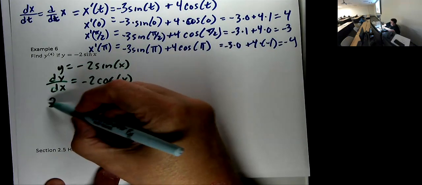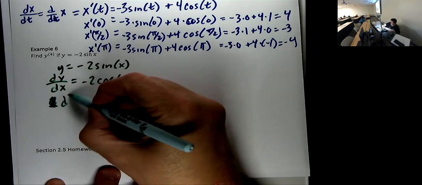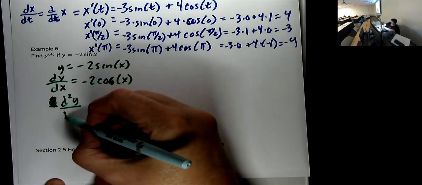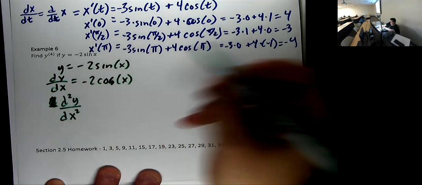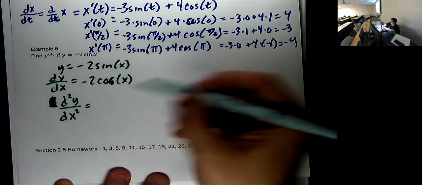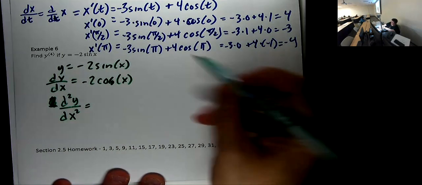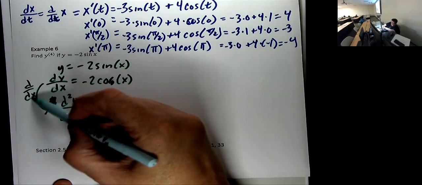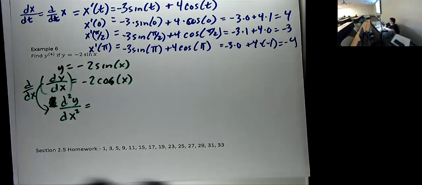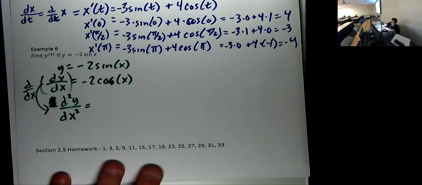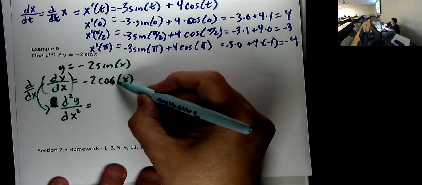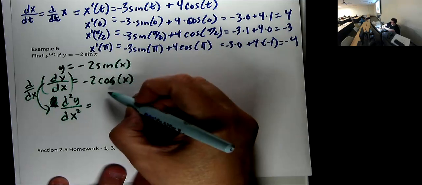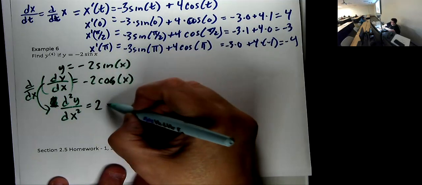What is, I'm going to get you used to seeing multiple notations here, d squared y over dx squared. This is the 2nd derivative. Going from here to here is like doing the derivative again. Cosine becomes negative, so it's going to switch to a positive. We're going to have 2 sine x.